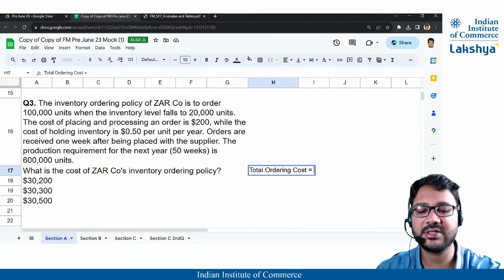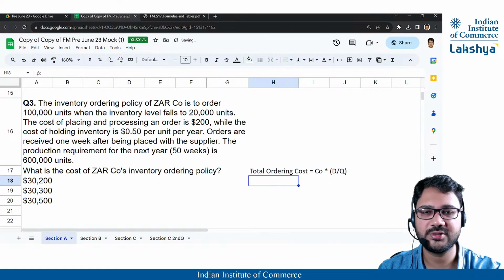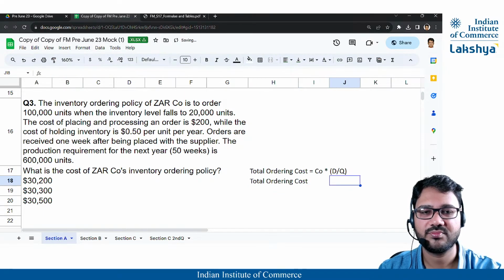So cost of ordering is cost per order into the annual demand, D stands for annual demand, divided by the quantity being ordered. So total ordering cost is equal to, let's just calculate that.